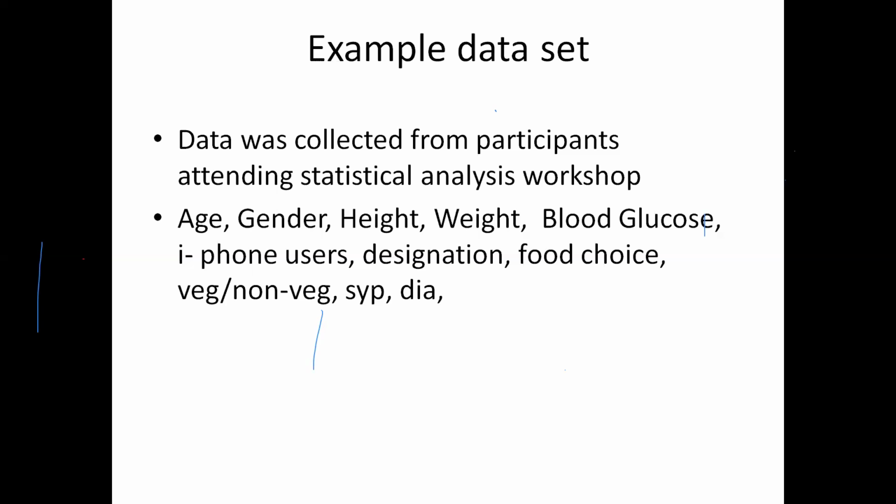We collected age, gender, height, weight, blood glucose level, whether they use an iPhone or not, their designation, and food choice, whether vegetarian or non-vegetarian, and systolic and diastolic blood pressure. That information we collected from the participants.